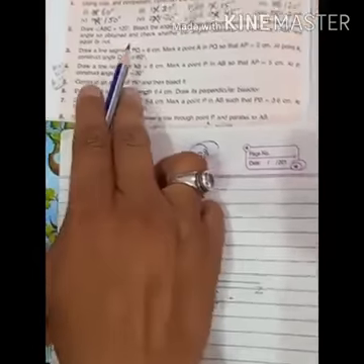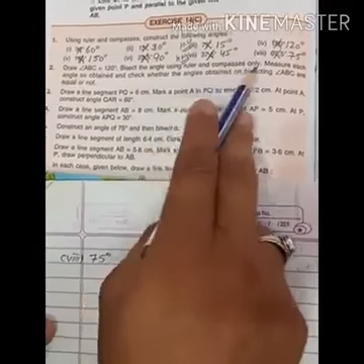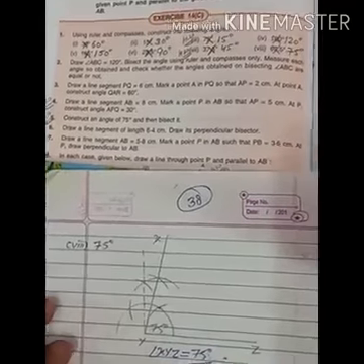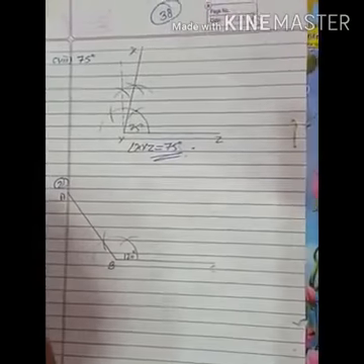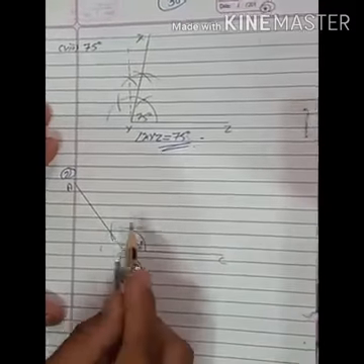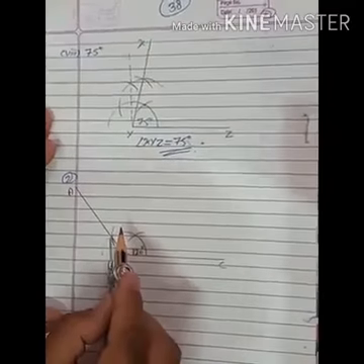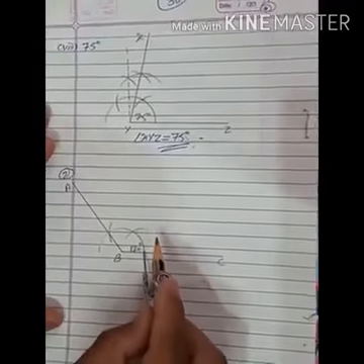So student, after this what is given in the question: bisect the angle using ruler and compass only. So now we will bisect the angle. Bisect means do half. How we will do the bisect? From here to here is 120 degree. So two end points, one is this and one is this. From both the end points we will cut the arc.